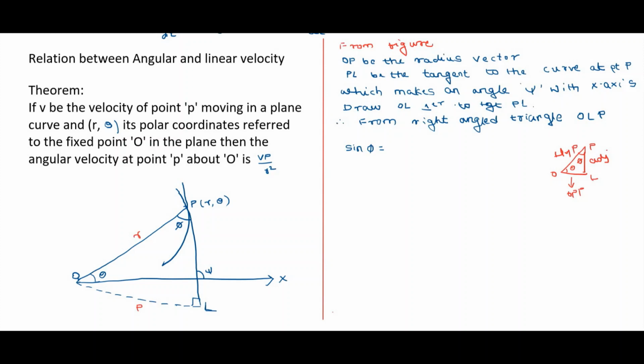What is the formula for sine phi? Opposite divided by hypotenuse. Opposite is OL and hypotenuse is OP. Substituting both values, sine phi is equal to p divided by r, since OL is p and OP is r. Let us say this is equation number 1.